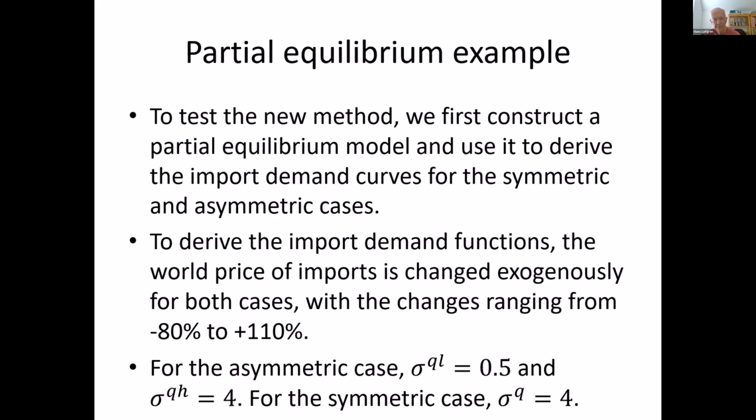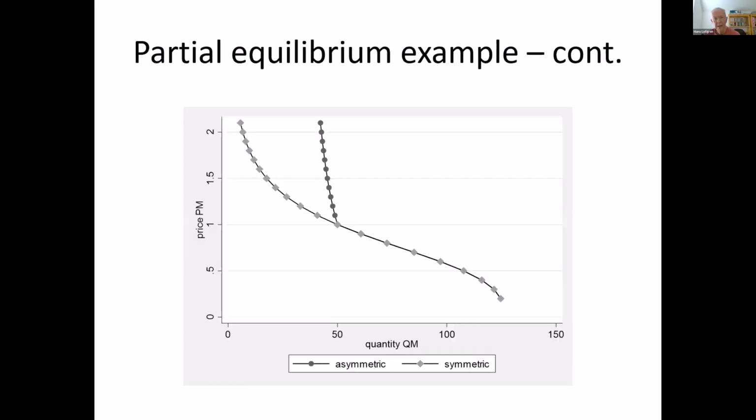We used two elasticities, the lower level 0.5 and the upper level of 4. And for the symmetric case, we use 4 throughout. So here we are starting out. This is the import demand function, and we start out at the price of 1.